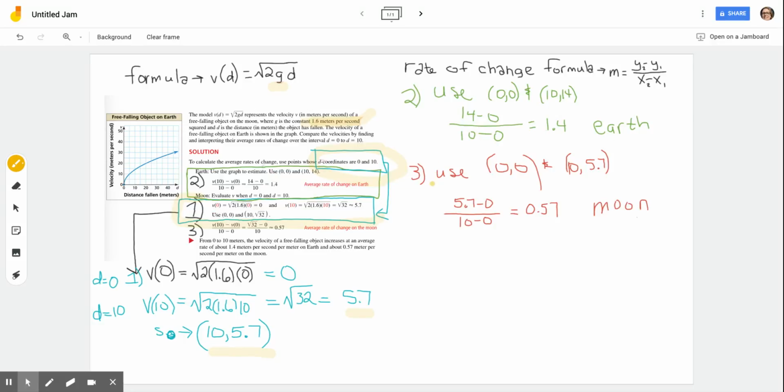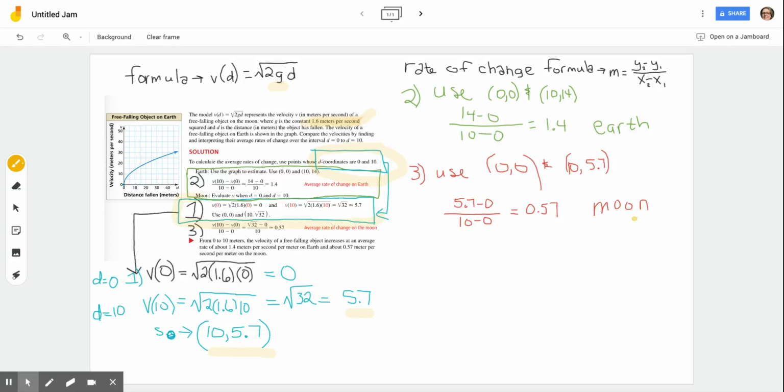Then I'm going to do the same thing for the moon, and I'm using this coordinate down here and the 0, 0. So 0, 0 and 10, 5.7. So again, I have my y's on top, 5.7 minus 0 on top, over 10 minus 0 on the bottom, which gives me 0.57.